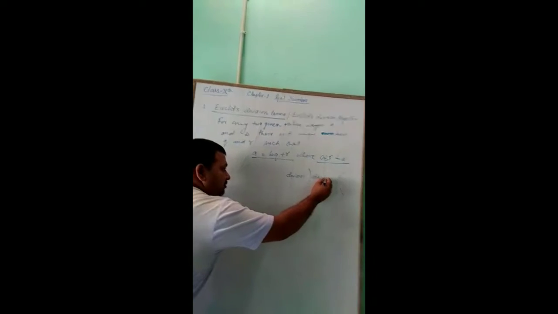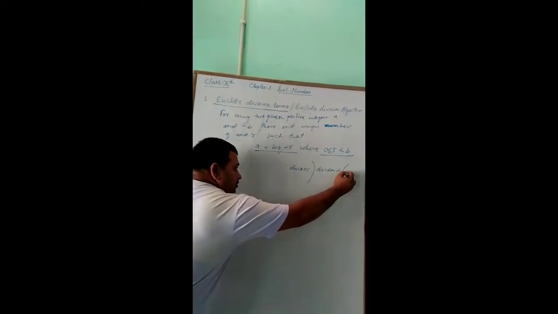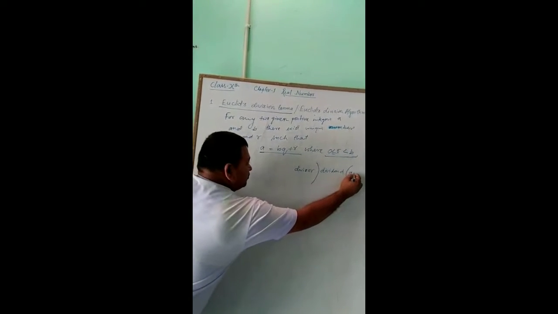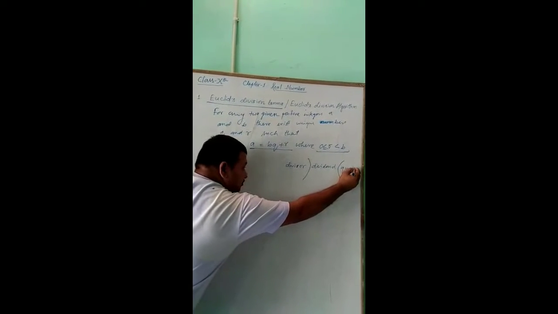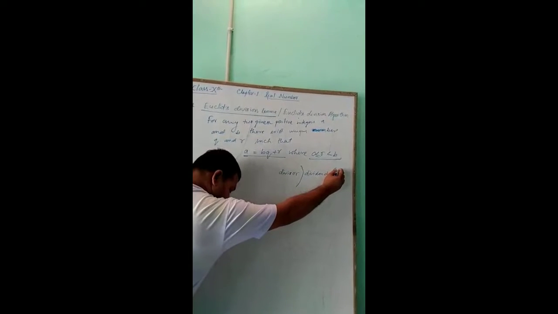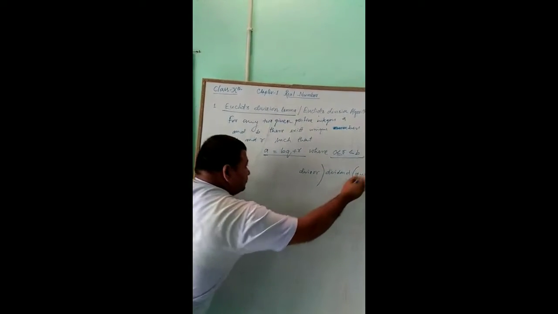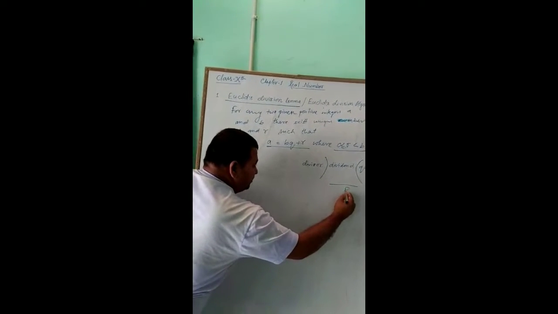Divide in, here quotient, and lastly after subtraction we get remainder.